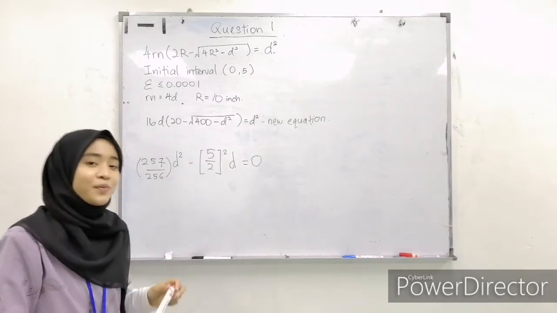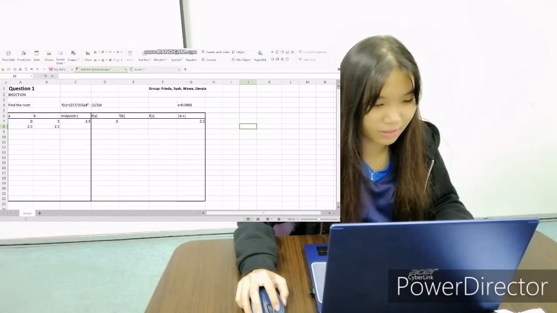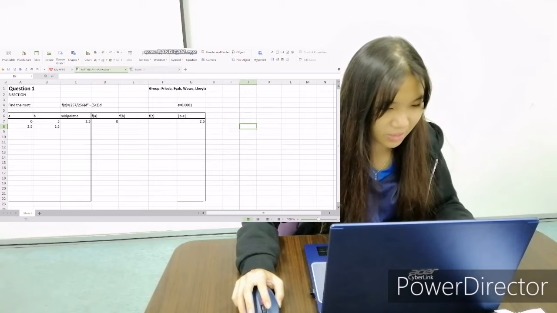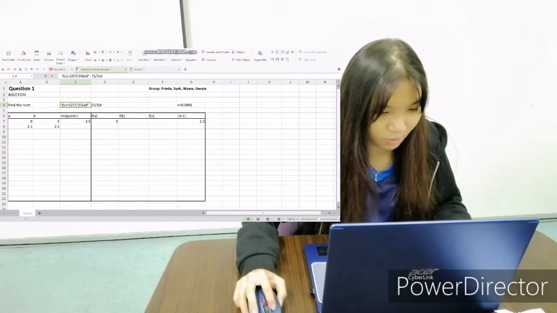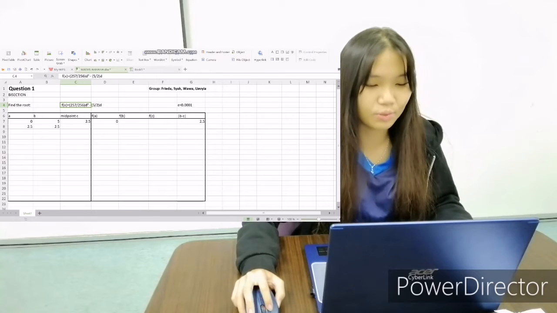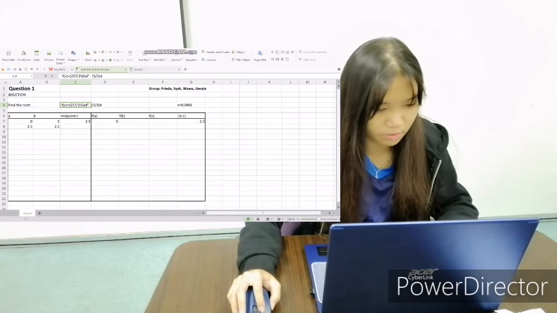Hello, I'm Koputsu. Today I'm going to talk about question 1, which is doing the bisection method on Excel. Here we have our equation derived just now, which is f(x) equals 257 over 256 d squared minus 5 over 2d, and our limit is 0.0001.